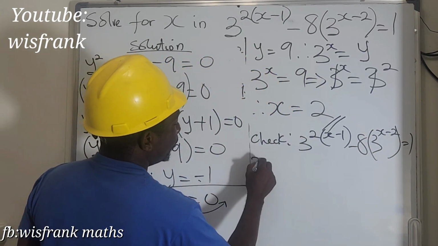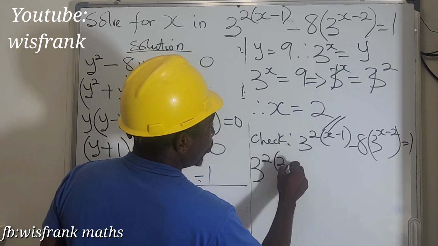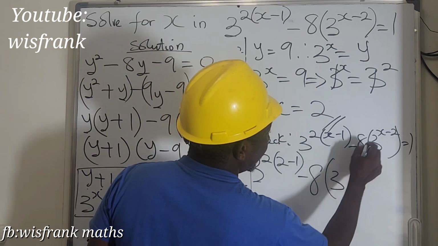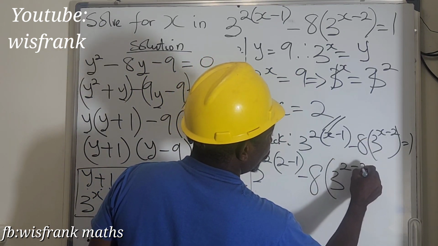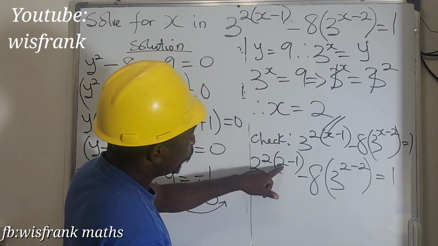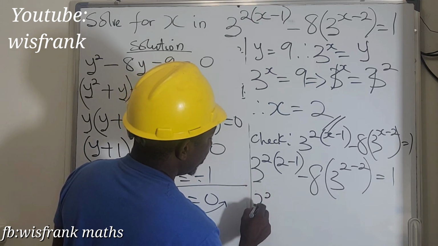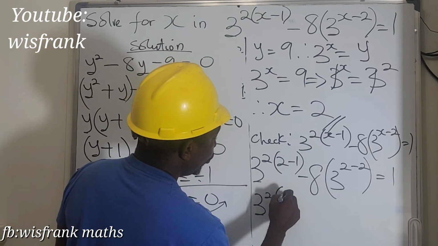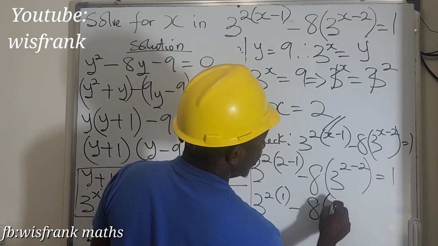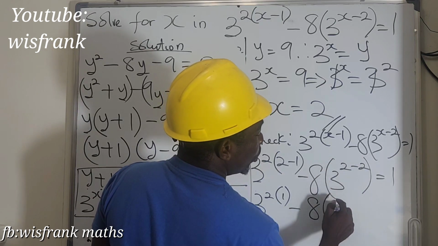So in this case, we have 3 to the power of 2 into our x is 2 minus 1 minus 8 into 3 to the power of 2 minus 2 equals to 1. So in this case, we have 2 minus 1 is 1. So we have 3 to the power of 2 into 1 minus 8 into 3. This is 2 minus 2, which is 0.